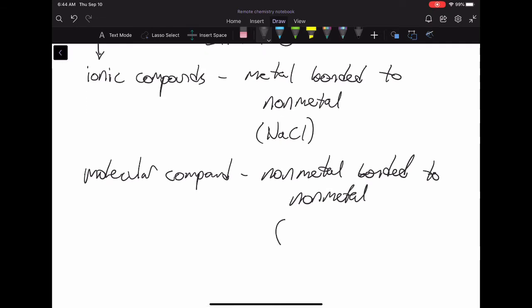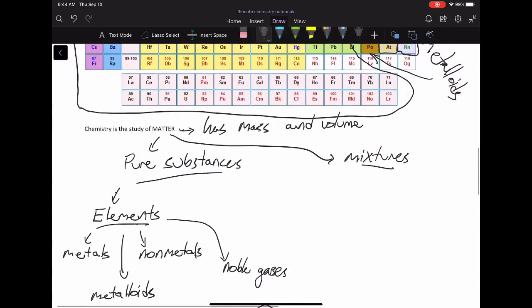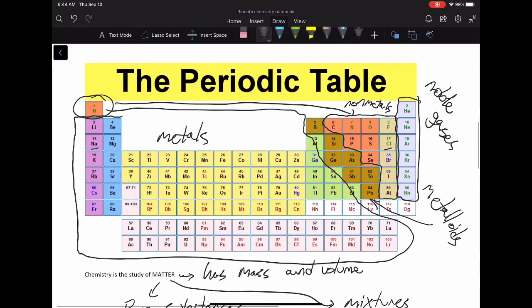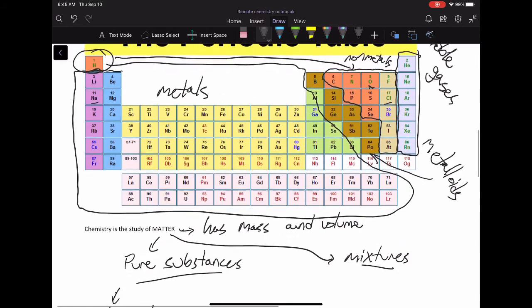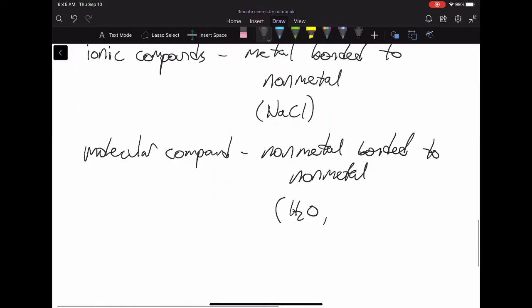And so examples here would be like H2O. So again, going back up to our periodic table, hydrogen is over here. That's a nonmetal. Oxygen over here, that's another nonmetal, so bonding those together would result in a molecular compound. Another example would be like carbon dioxide or CO2.